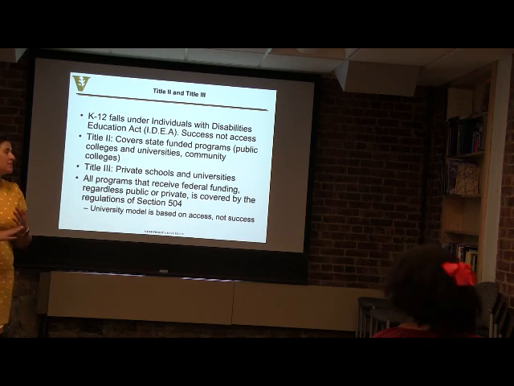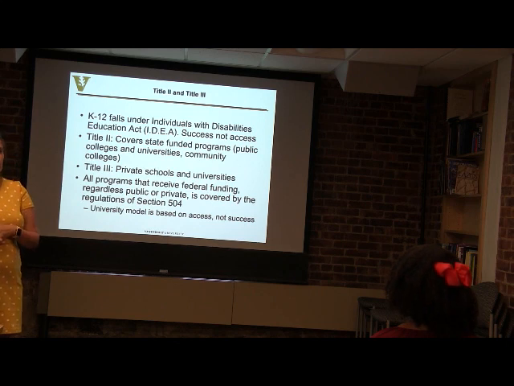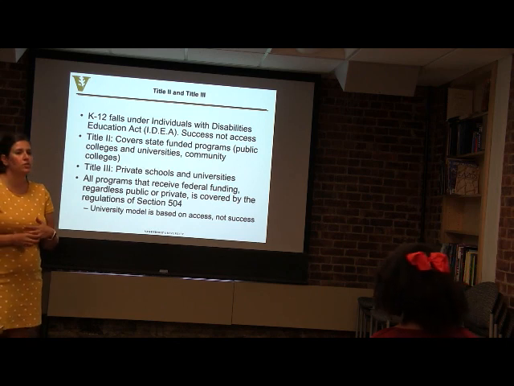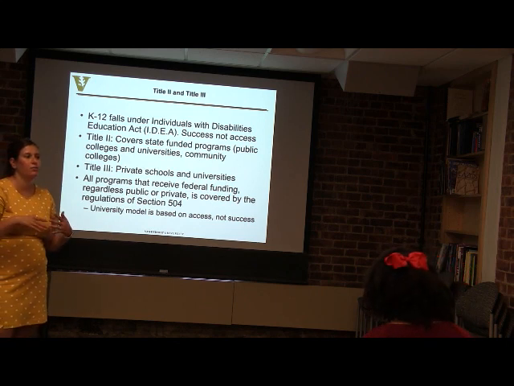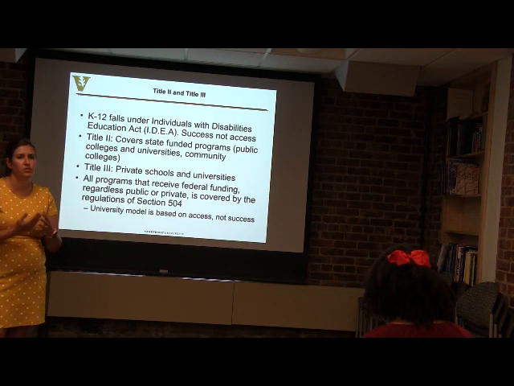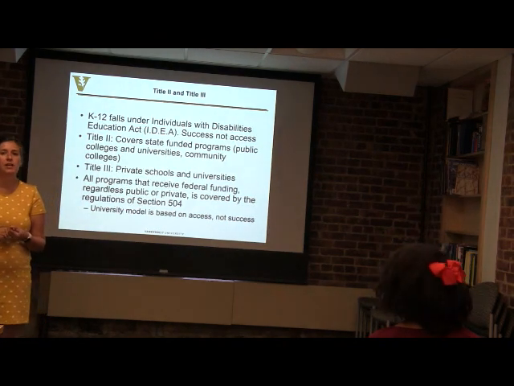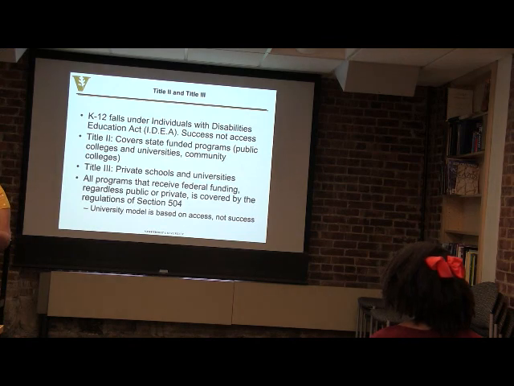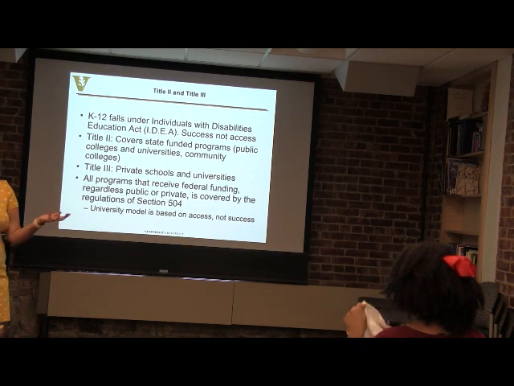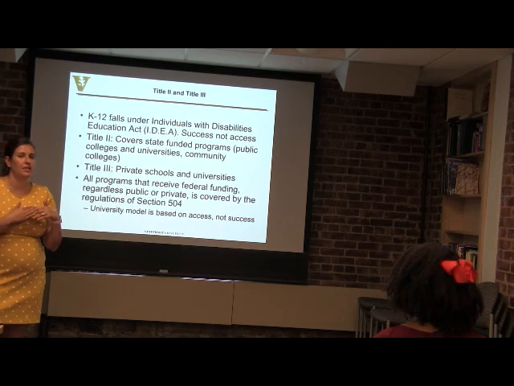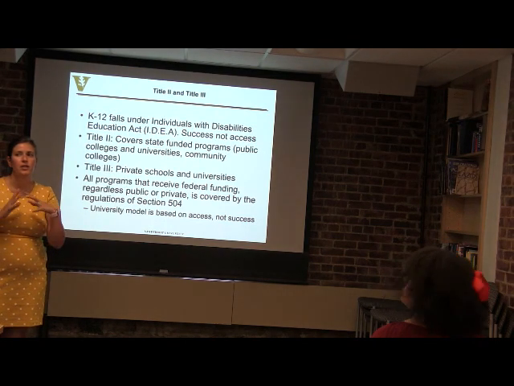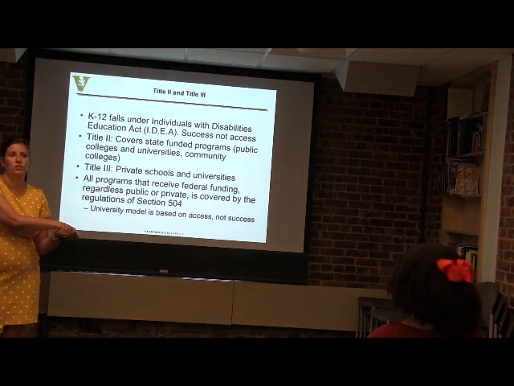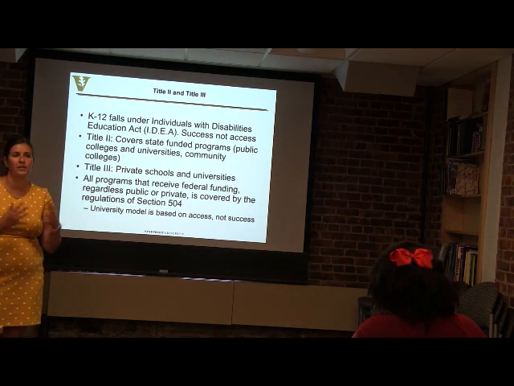There's the differences between Title II and Title III schools. Title II are public institutions that receive federal funding. Title III are going to be your private organizations. Now, oddly enough, Vanderbilt University is a private school, but we receive tons of federal dollars, so we really fall under Title II because we have that federal funding.